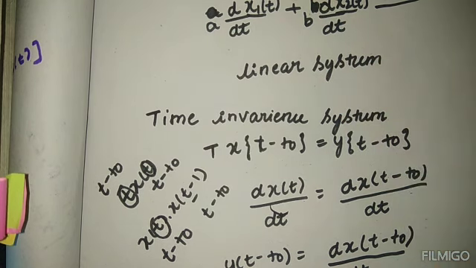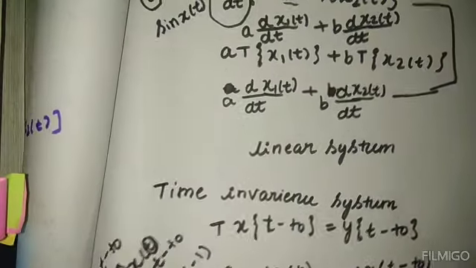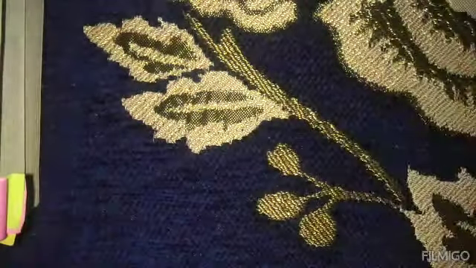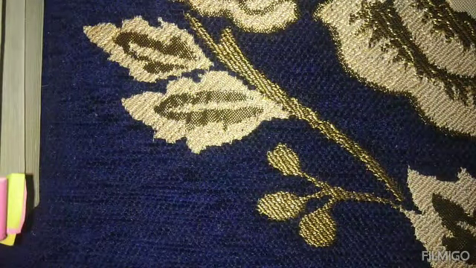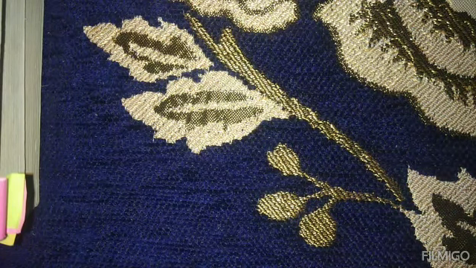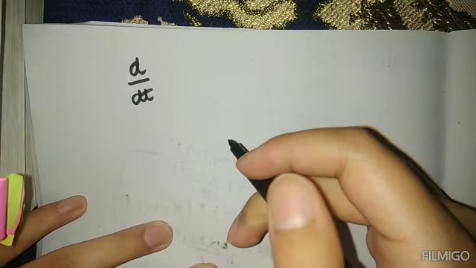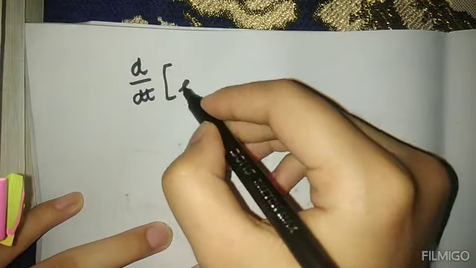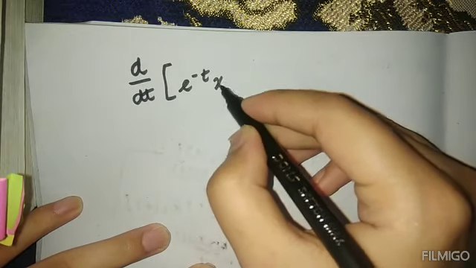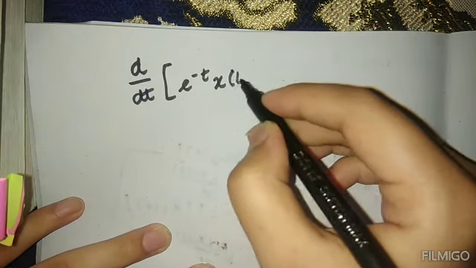And now let me move on to the same type of question. That is the second question. That is d by dt of e to the power of t into x of t, e to the power of minus t into x of t.